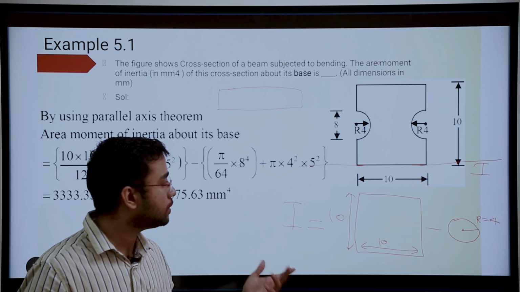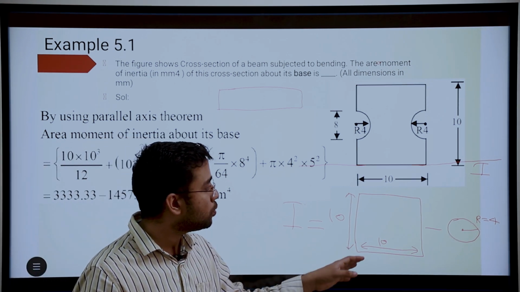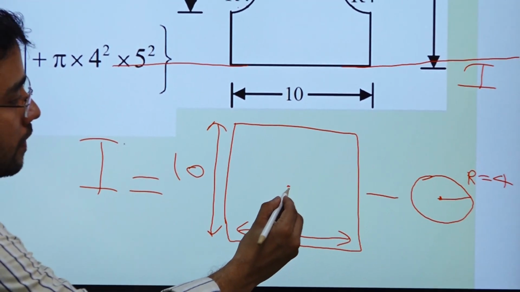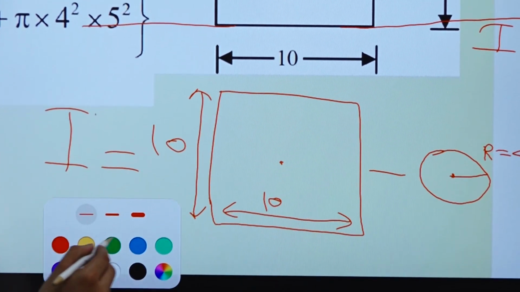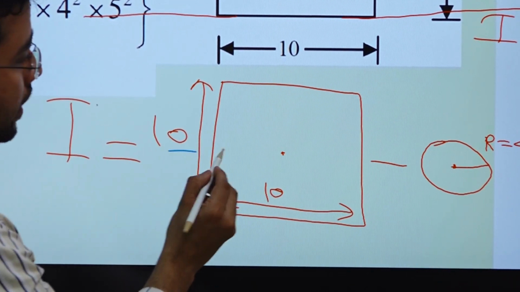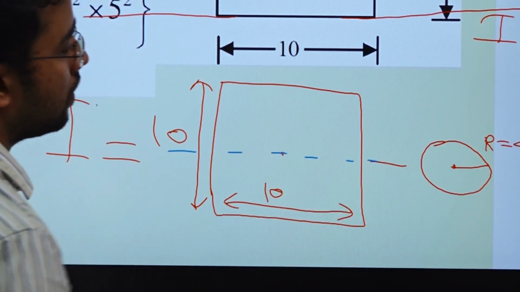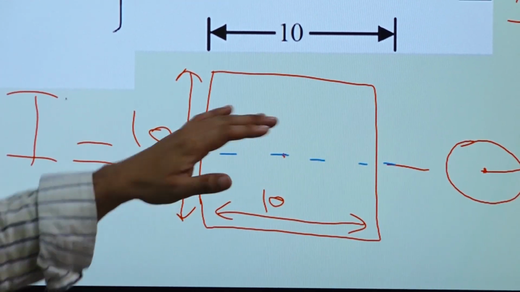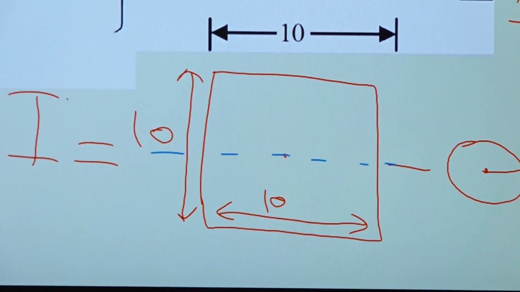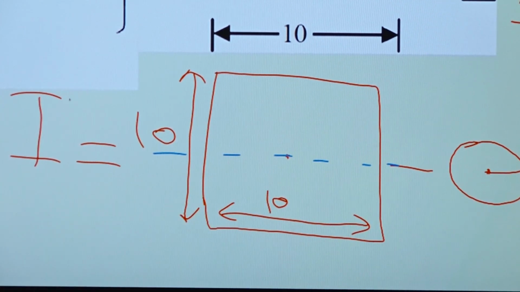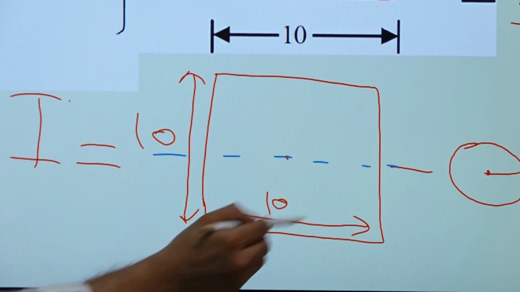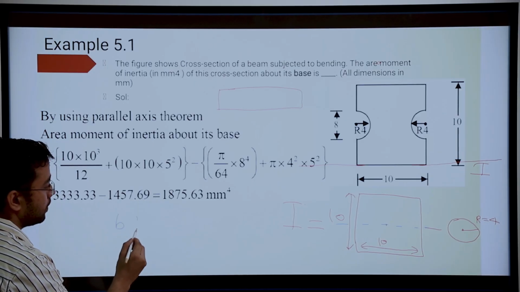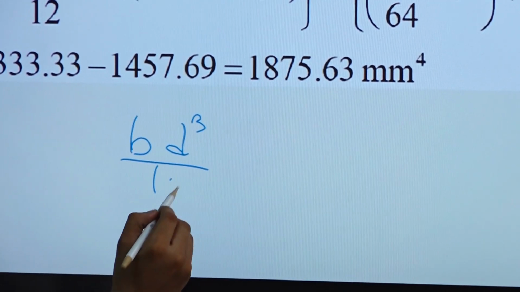And what is more important, remember the area moment of inertia of all these normal objects about their centroidal axis. Because if you know it about the centroidal axis, then you can easily find the area moment of inertia of this body about any axis, right? So about the centroidal axis, the area moment of inertia of this rectangle is, I just mugged up, BD cube by 12.